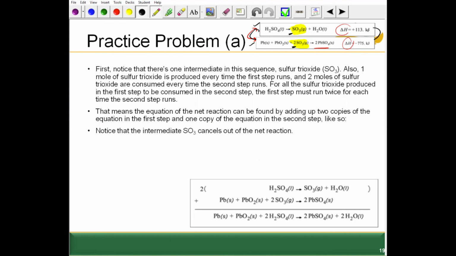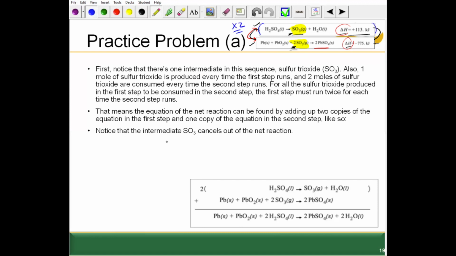Before combining these two delta H values, we need to account for that, because this value reflects 1 mole of sulfur trioxide that is produced, but this delta H reflects 2 moles of sulfur trioxide that are consumed. Whatever is produced in the first step has to get used up or consumed in the second step. In order to make that happen, we need to multiply this top reaction by a factor of 2.